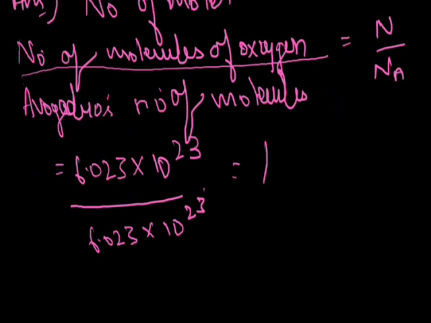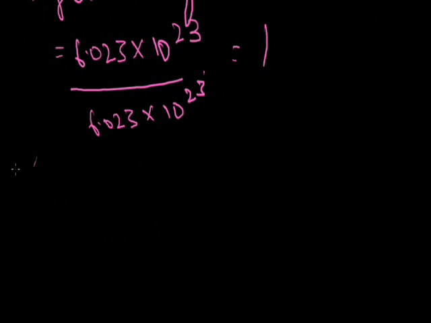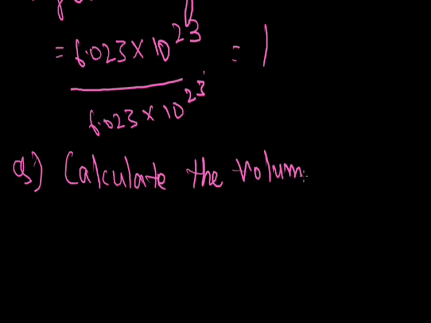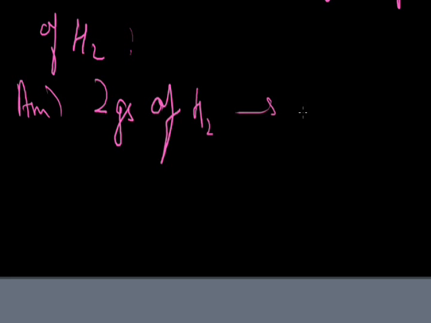Now we will do one question on the basis of the mass-volume relationship, which says: calculate the volume of 8 grams of hydrogen. Two grams of hydrogen, the molecular mass of hydrogen, consists of 22.4 liters.